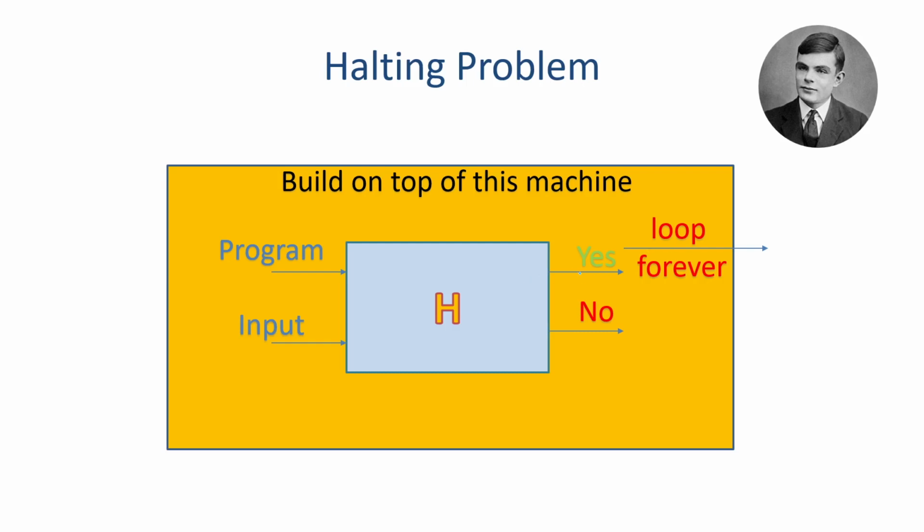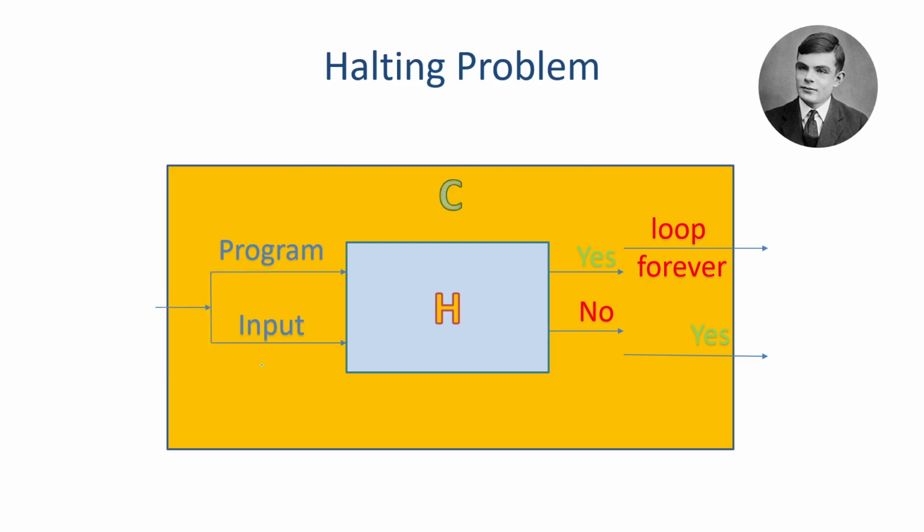If H accepts, like if H says yes, the program does halt, our machine, we're going to make it loop forever. Why am I doing this? Well, I want to reach a contradiction. This is just how the construction of the proof is going. If it says no, we'll say yes. Then we'll make our machine take one input. Kind of like a splitter, it takes one input, then it's going to split them into two different inputs.